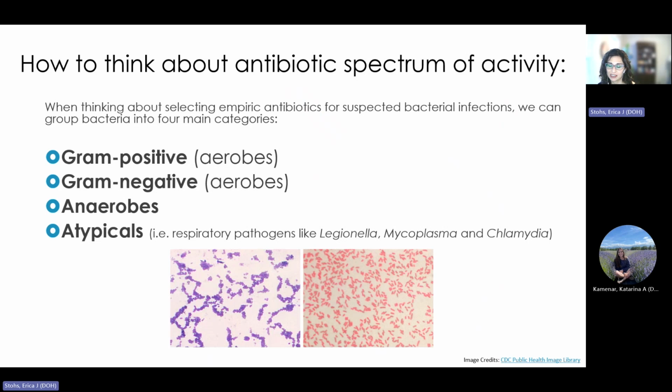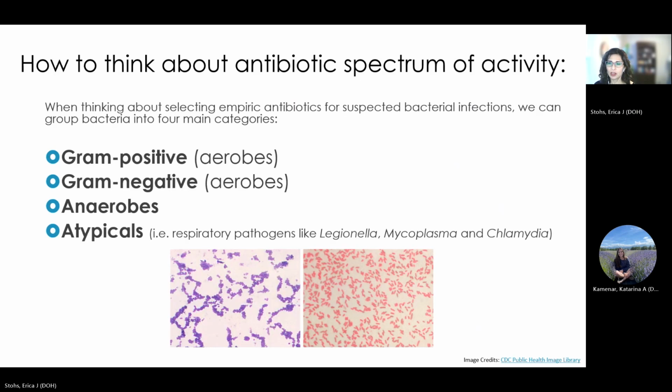So gram-positive stains purple, like the picture on the left, a common bacteria, Staph aureus. And then on the right, gram-negative, using the stain, these bacteria look red under the microscope. And you've heard a lot of these bacteria. We'll go into those a little bit more in the next few slides.